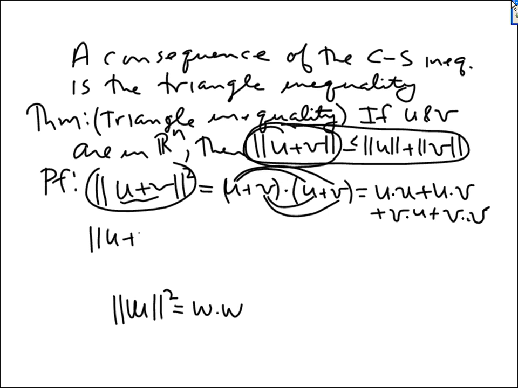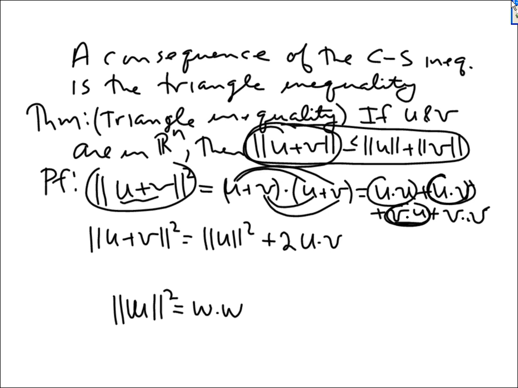The length of u plus v squared is equal to u dot u, that's the length of u squared, plus u dot v plus v dot u. Well, v dot u is u dot v. So u dot v plus u dot v is 2 u dot v, plus v dot v, which is the length of v squared.